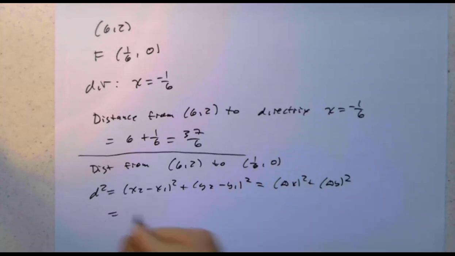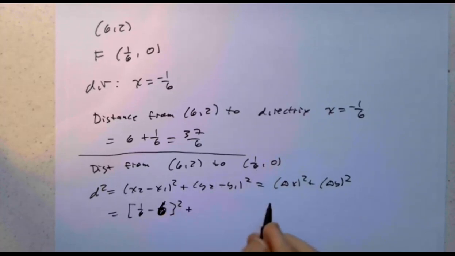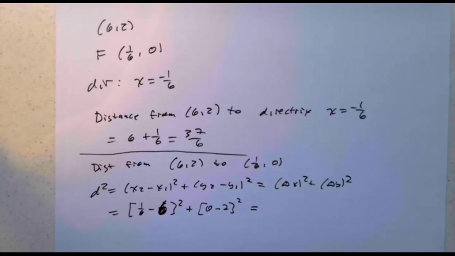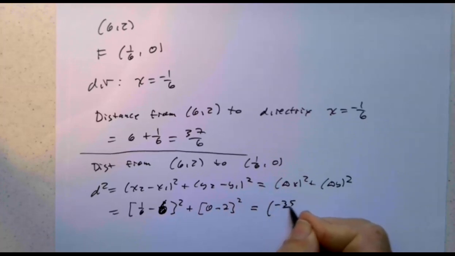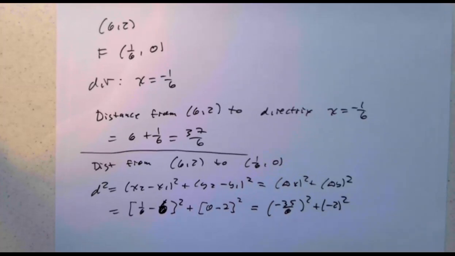What do I get? x2 minus x1, a sixth minus 6 squared, a sixth minus 6, not a sixth minus a sixth, plus 0 minus 2 squared. A sixth minus 6 is negative 35/6 squared, plus 0 minus 2, negative 2, squared.